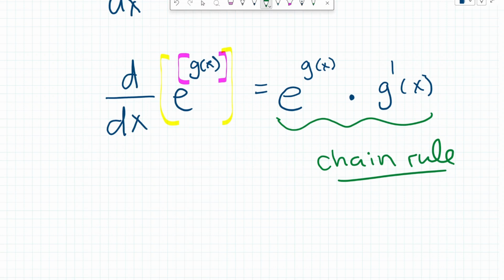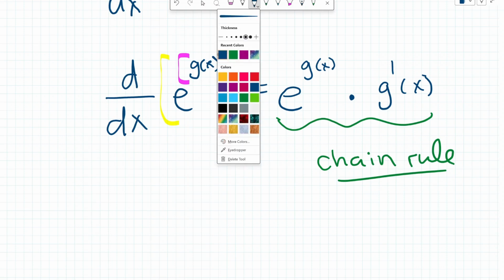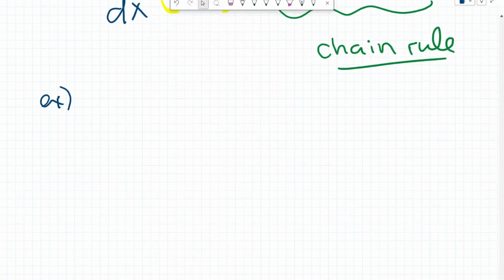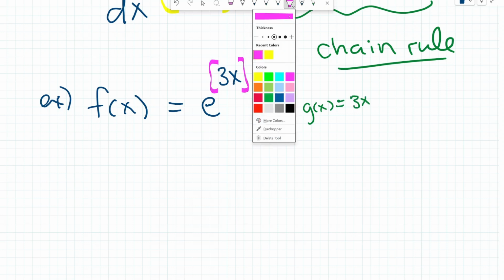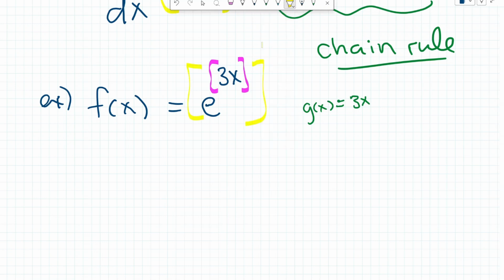So why don't we go and do an example to see what that looks like in action. We're going to consider a function f of x equals e to the power of 3x. So we've identified here that our outside function is e to the x, and our inside function, our g of x, equals 3x. So again, we have this inside function over here that's been wrapped up in our e to the x function. So now we can use our definition that we just created.